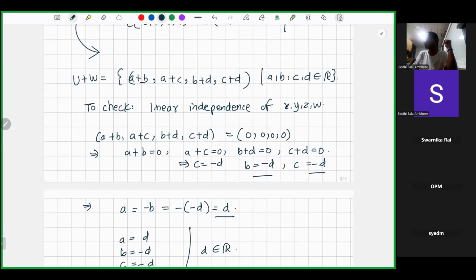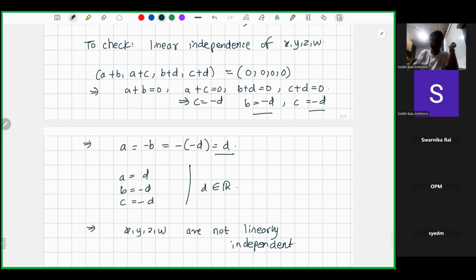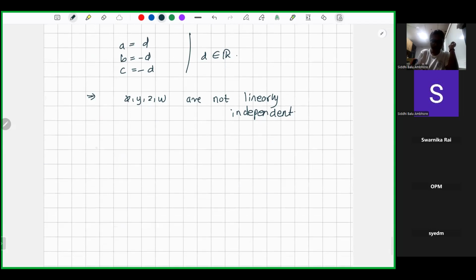So U plus W is the span of X, Y, Z, W. If I write it in matrix form, each is a vector: 1, 1, 0, 0; 1, 0, 1, 0; 1, 0, 0, 1; and 0, 0, 1, 1.